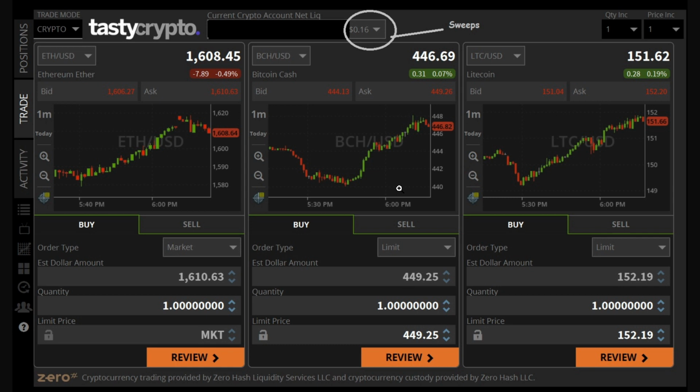So until you do an active trade, it will not show up here. If you traded, let's say, a dollar worth of crypto, you can buy it. As long as it's in your balance, it'll show up here on the sweeps. But once you sell that from that sweeps account, it goes back into your normal account balance and it'll just kind of dissipate almost. So you've got to watch the counts. I'm sure they're working on that to make it a little bit more clear.